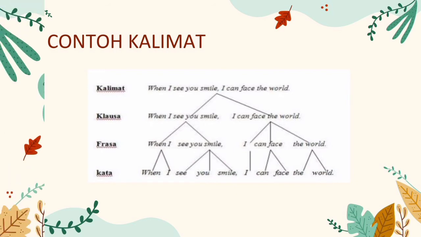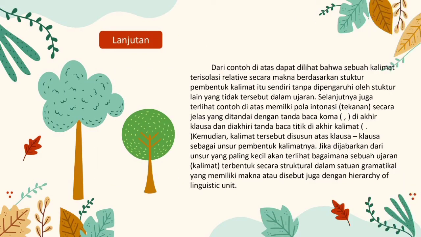From the text above, it can be seen that a sentence is relatively isolated in meaning based on the structure of the sentence formation itself, without being influenced by other structures that are not in the utterance. Furthermore, the example above has a clear intonation pattern, which is marked by a comma at the end of the clause and ends with a period at the end of the sentence.